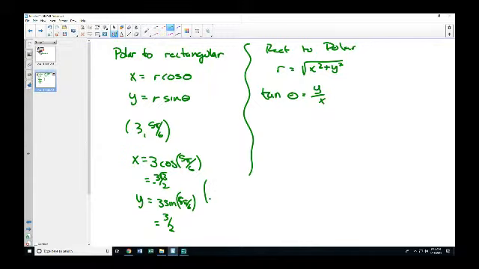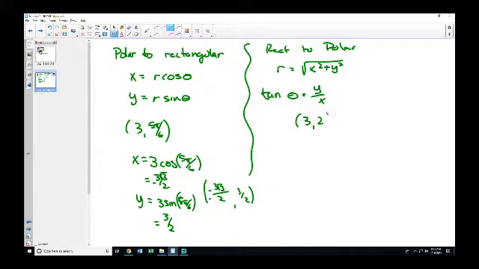So we get negative 3 root 3 over 2 and 3 over 2. Okay. Good. You just have to know your unit circle or have a calculator, right?